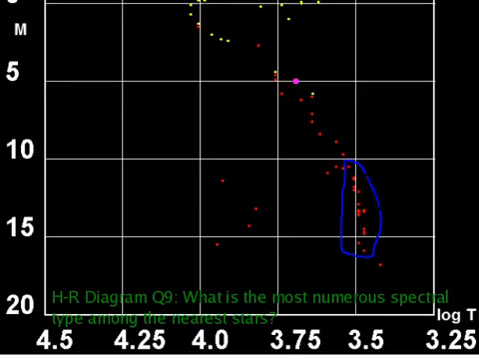This would probably encompass most, or at least half of the stars, which cluster around 3.5, between 3.6 and 3.4 maybe. So most red dots cluster around log T between 3.6 and maybe 3.4.